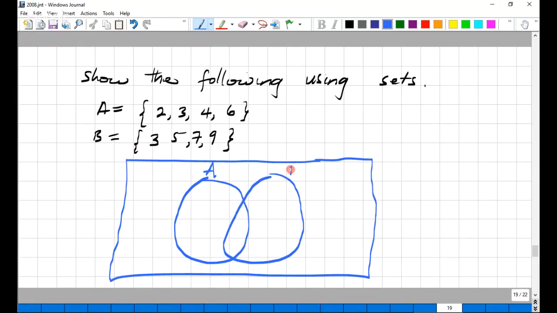And this is set B. All right, help me to put in the elements or the members of set A. What do I need to put inside? 2, 3, 4, 6. Okay. Anything that I need to put in set B?